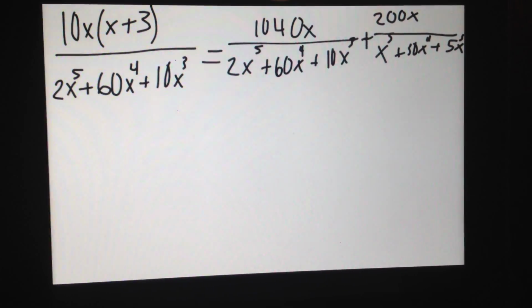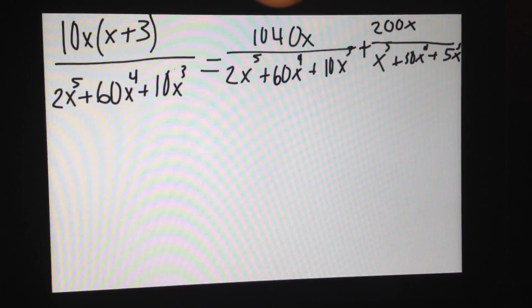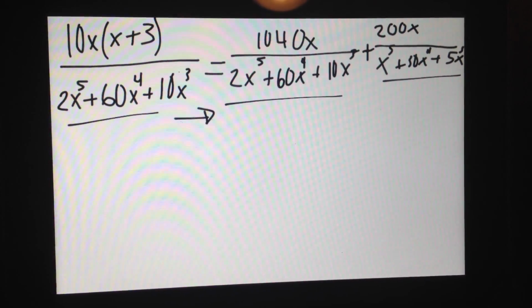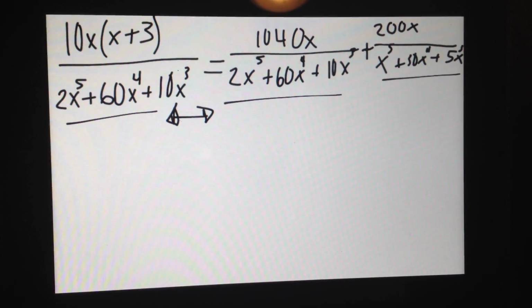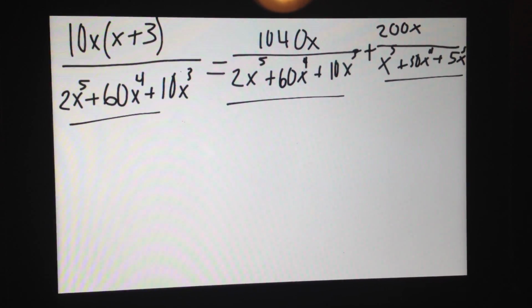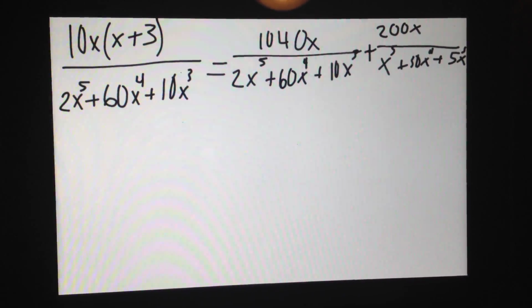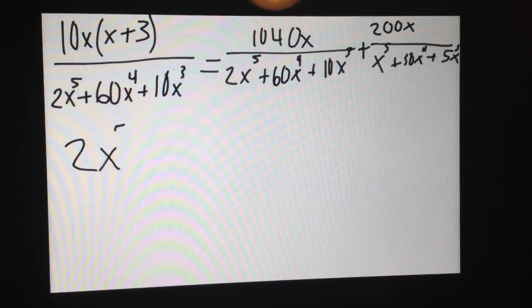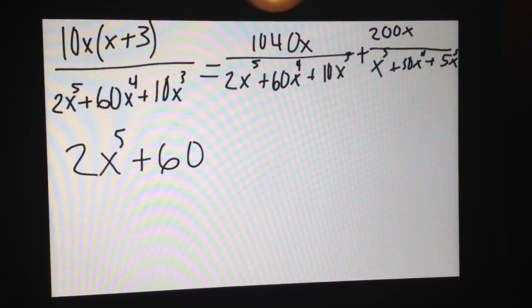I have to find something that I know all of these can go into. Well, these two are the same, so I know that those two both go into each other. So I'm going to start to factor out this right here by finding a greatest common factor.